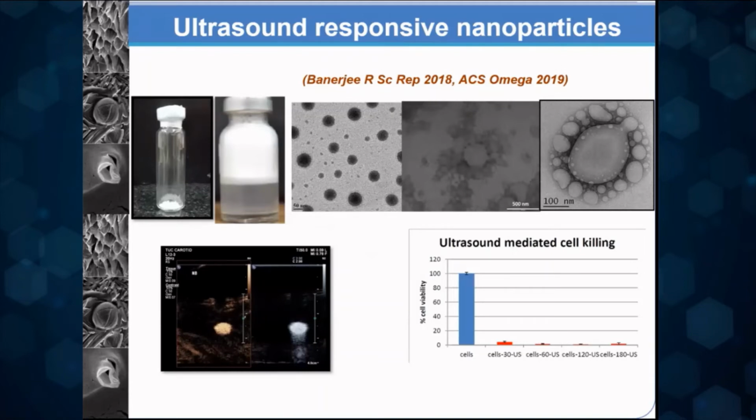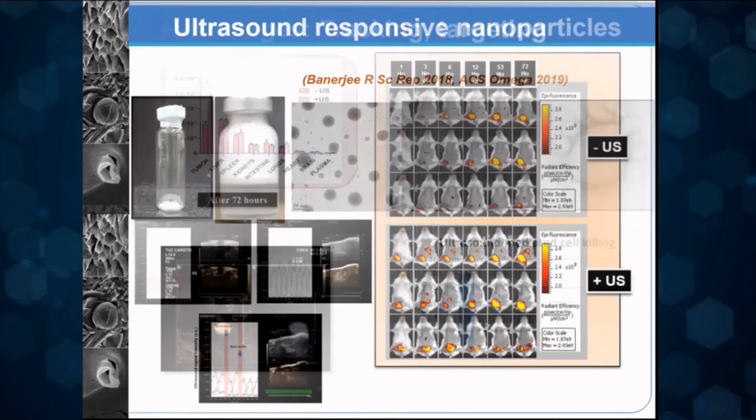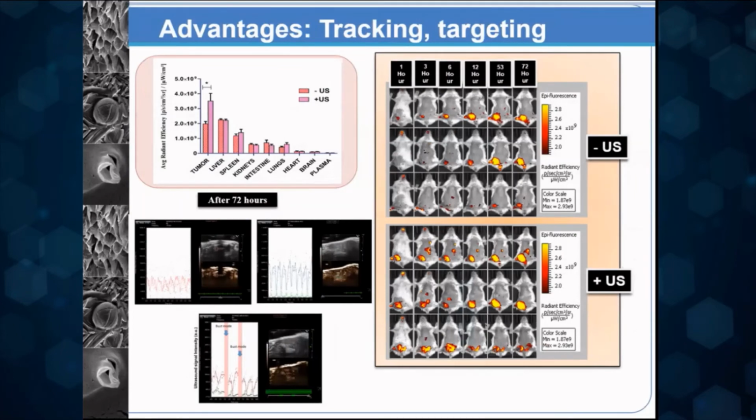It means that we want to do therapy, but we also want to progress on the imaging aspect, and hence we can track as well as cause release of drugs as required, right? And so, just to show you, if you look at these images, you're able to have modulation of localization based on ultrasound.